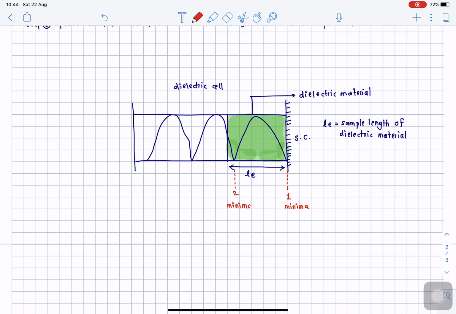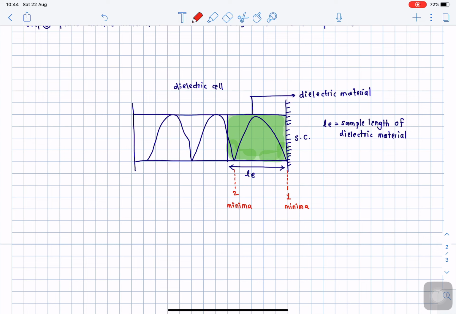Remember that these two voltage minima we are going to measure over the length of the dielectric material. The dielectric material should be sufficiently large in length in order to find two successive minima voltage positions with the help of the slotted waveguide section.